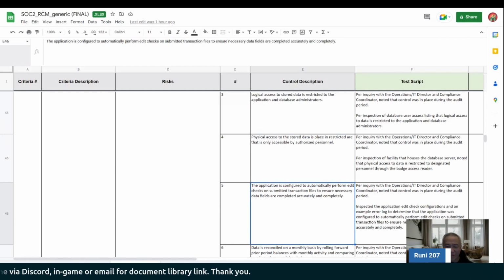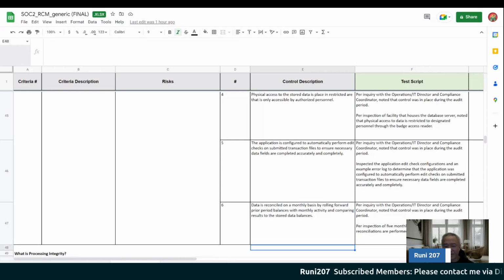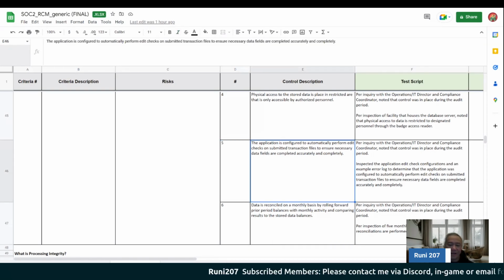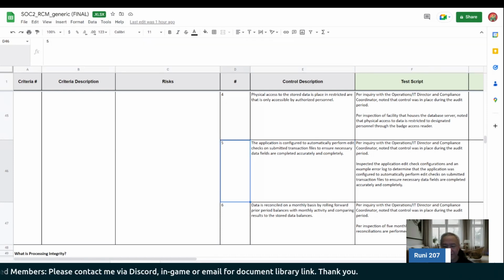The application is configured to automatically perform edit checks. Data is reconciled on a monthly basis by rolling forward prior period balances. I think these are just the control items that the user entity should consider.